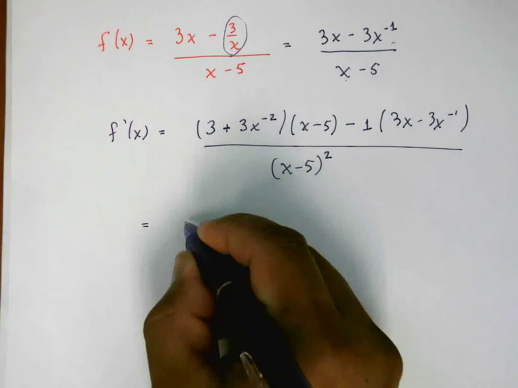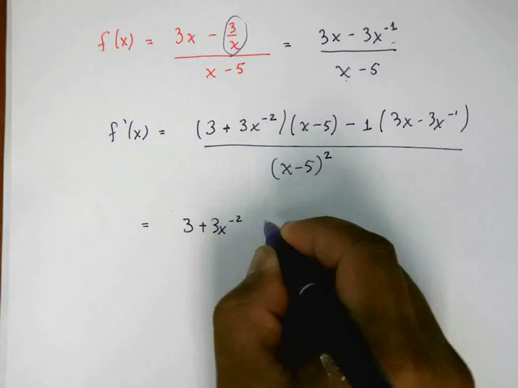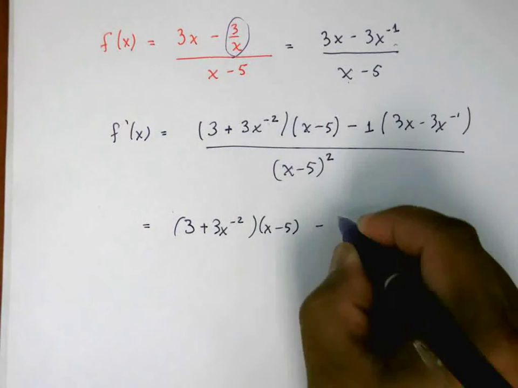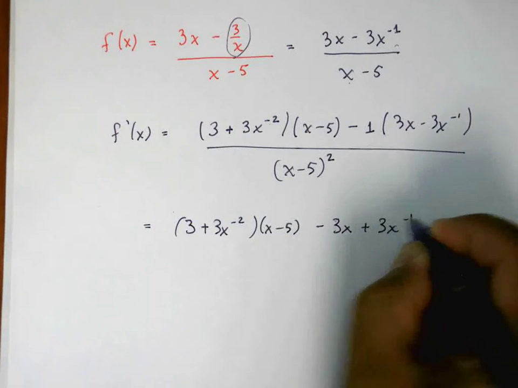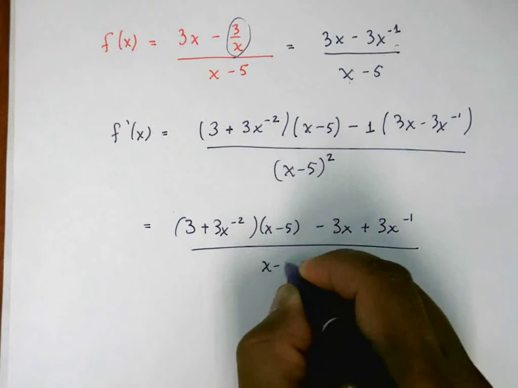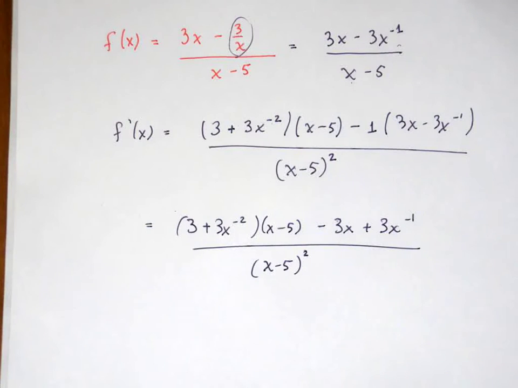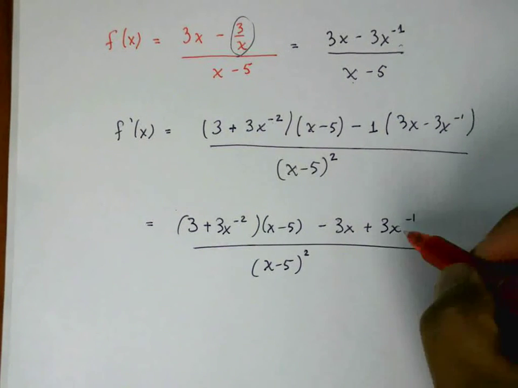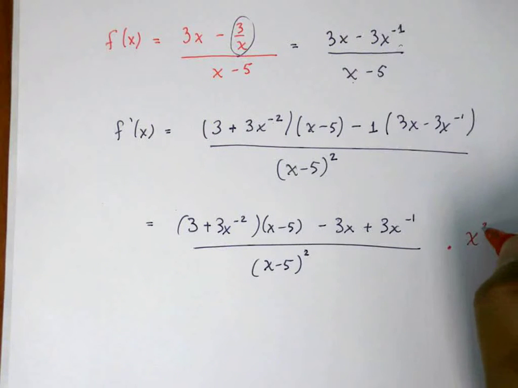So this is 3 plus 3x to the negative second times x minus 5. Distribute this 1 here, negative 3x plus 3x to the negative first. All of it over x minus 5 quantity squared. Okay. And again, in order to get rid of these x to the negative powers, I'm going to multiply the top and the bottom by x squared.